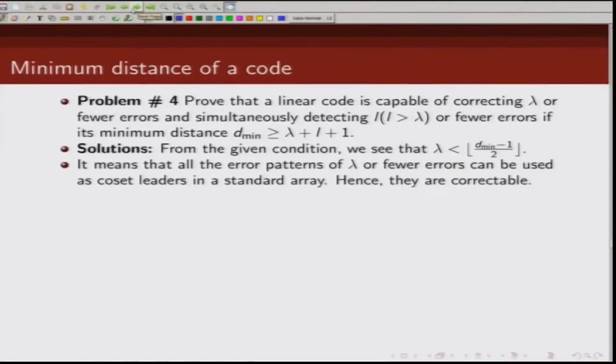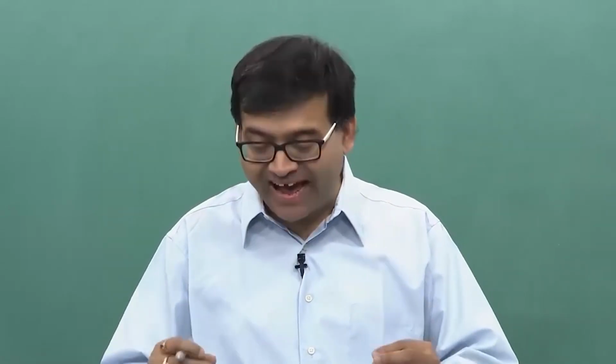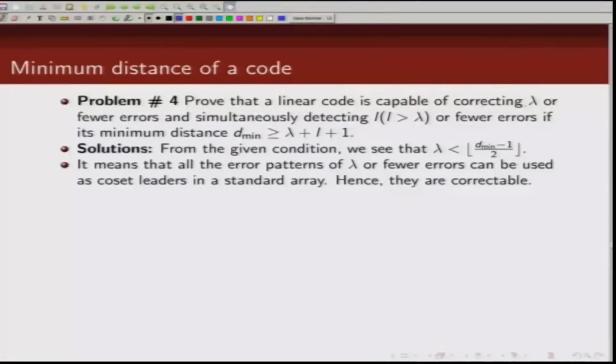Now, in addition to correcting lambda or fewer errors, we also want to simultaneously detect L errors. If we want to simultaneously detect those L or fewer errors, we have to ensure that those error patterns of weight L or less are not in the same coset as the error patterns that we are trying to correct.